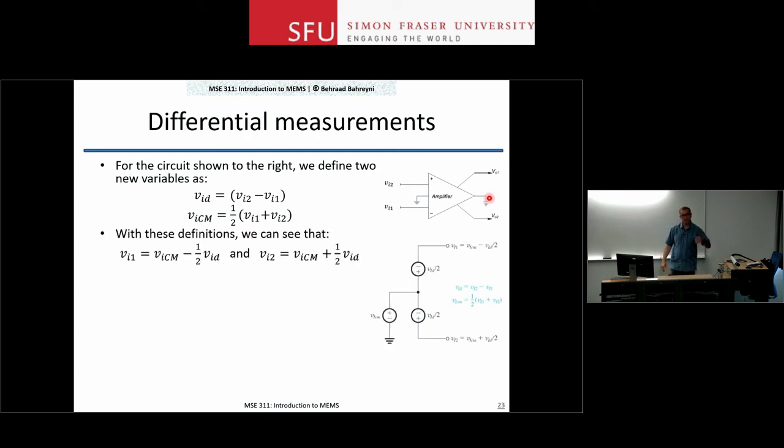Now if I do that, then I can say VI1 is equal to VICM minus VID divided by 2, and VI2 is VICM plus half VID.